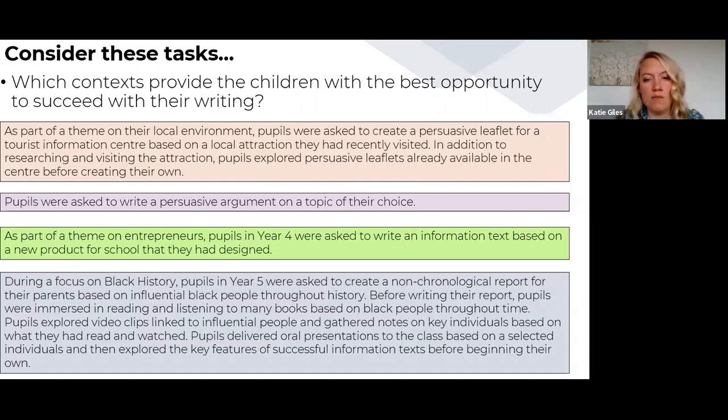They've had time to deliver oral presentations before being asked to write their non-chronological reports. So in terms of how that task has been set up, you can see that children have got a really good opportunity to succeed with their writing.